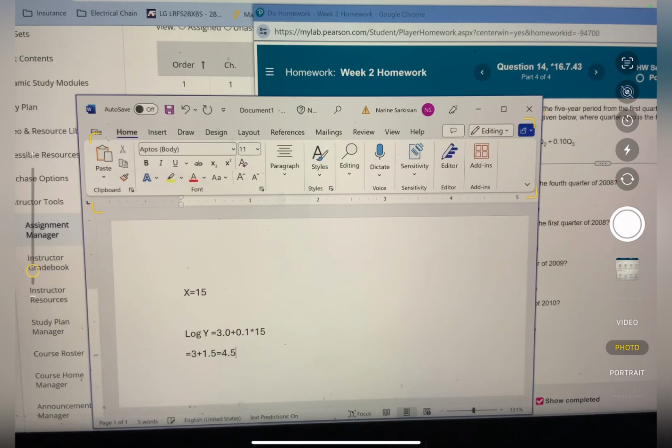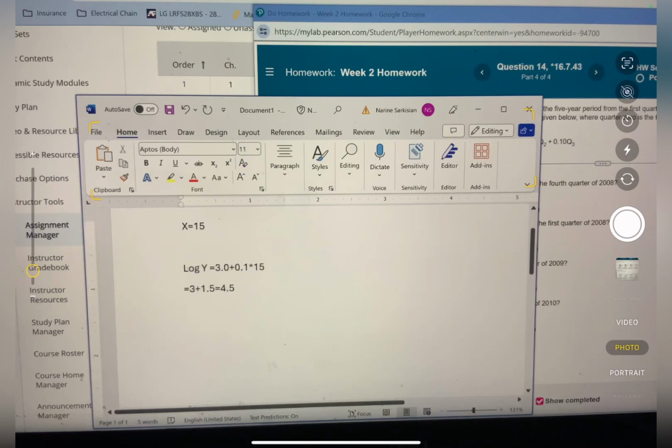4.5. Now we get log y hat, log y is equal to 4.5. It's a logarithm. Log, when we don't have any base here, means base 10.